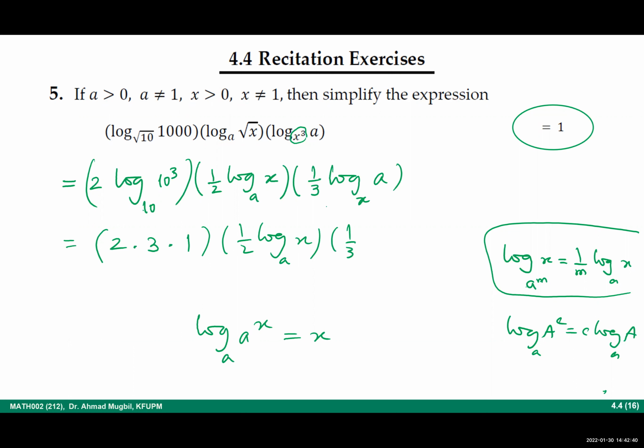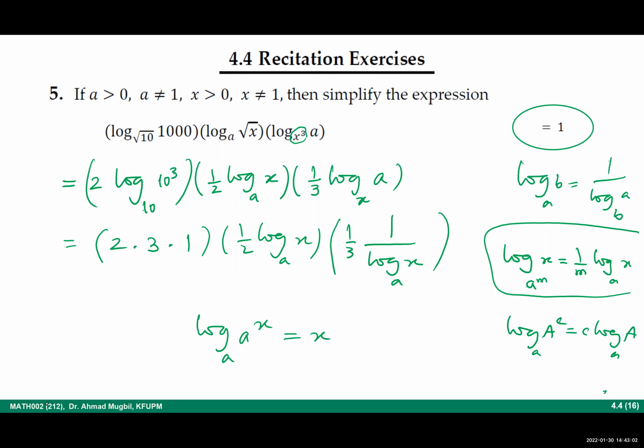If I cancel this with this, is it true? Yes, believe it or not, they are reciprocals of each other. Because this is just 1 over log a of x by using the change of base formula. I told you about it: when you have log a of b, it is 1 over log b of a.